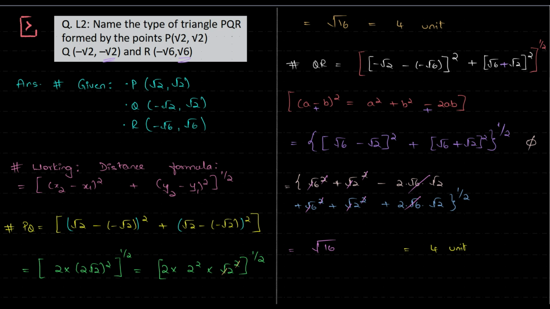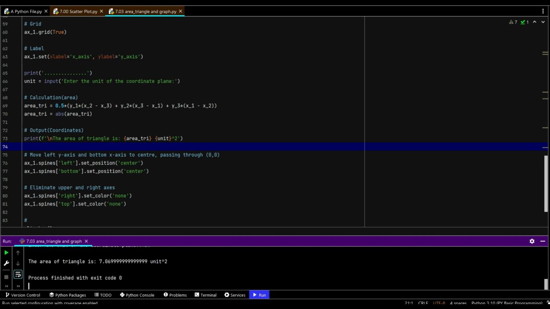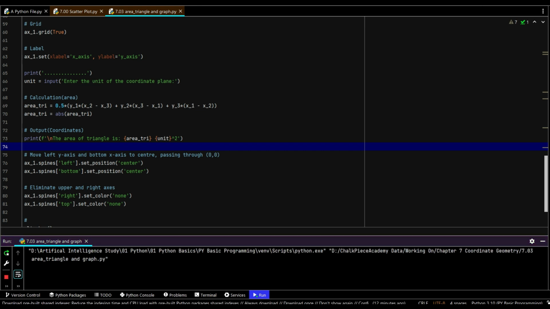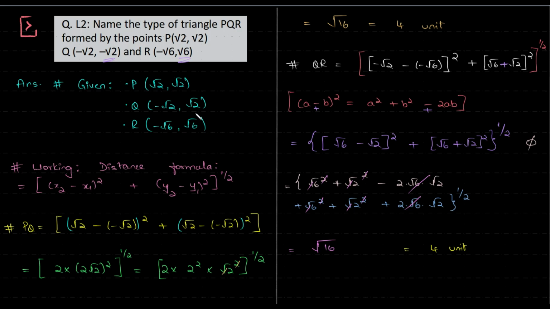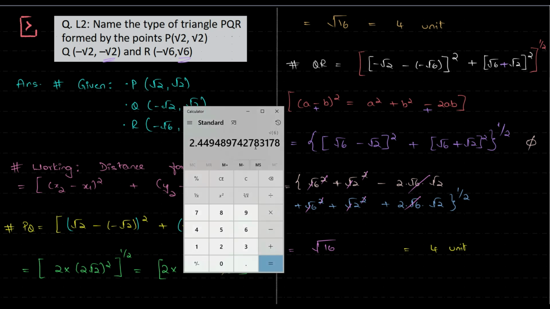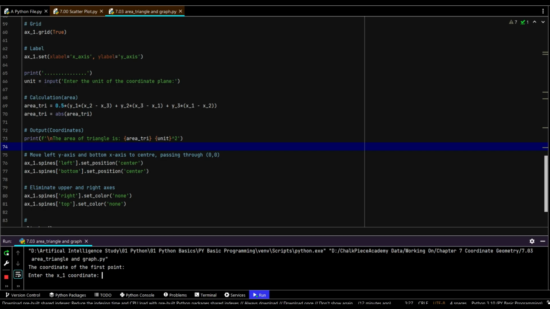Oh yeah, let me simulate it and show it to you. I don't have a root value, by the way, so I can't enter root values over here. I'll make use of the approximate value. I have written the values root 2, minus root 2, root 2, minus root 6, plus root 6. Root 2 value is 1.414 approximately. Root 6 value is 2.5 approximately.